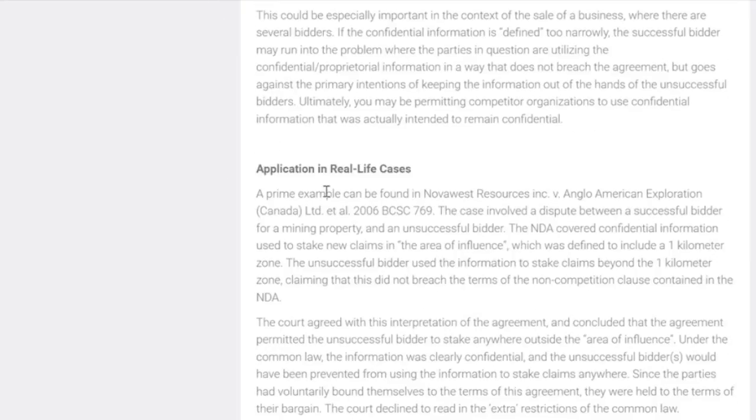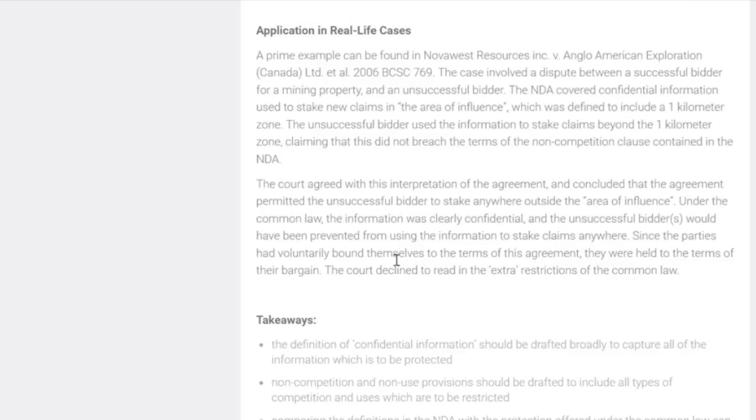In a specific case that we reviewed in the context of an acquisition of mining property, a bidder on mining property had created a restriction in contract that said that information within this envelope of confidentiality could not be used to stake future claims by the parties who were receiving this information within a specific geographic zone. And that specific geographic zone was 1 kilometer away from the area of influence.